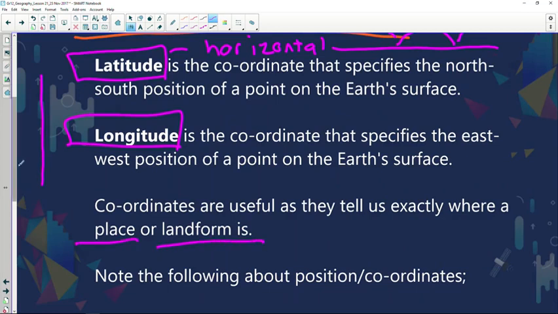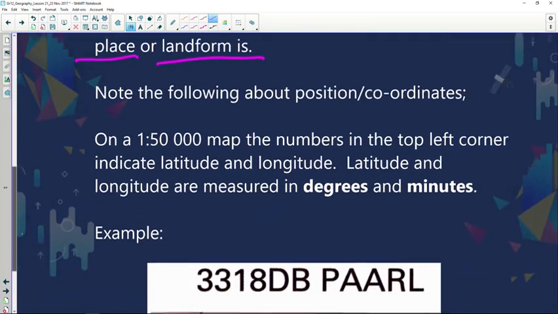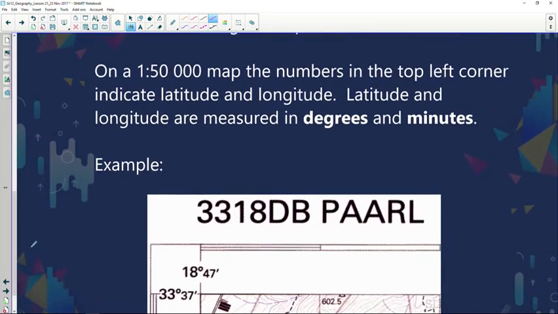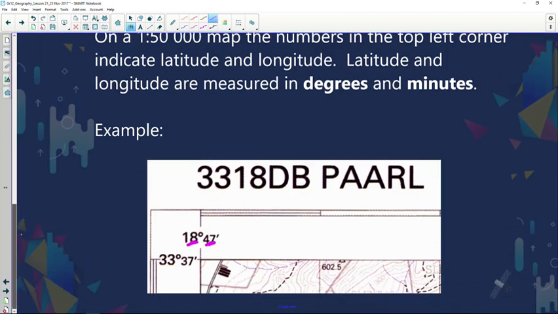Now if you quickly look, just to identify on a 1 to 50,000 map, we express coordinates in degrees, minutes and seconds. I will explain it to you now. Always start with lines of latitude. Here are your coordinates for your lines of latitude. It's the horizontal lines.